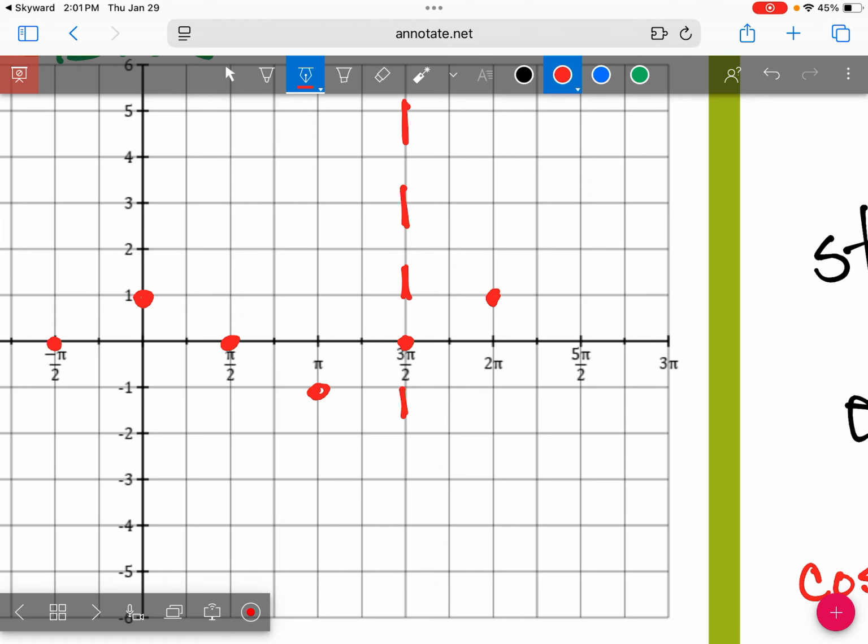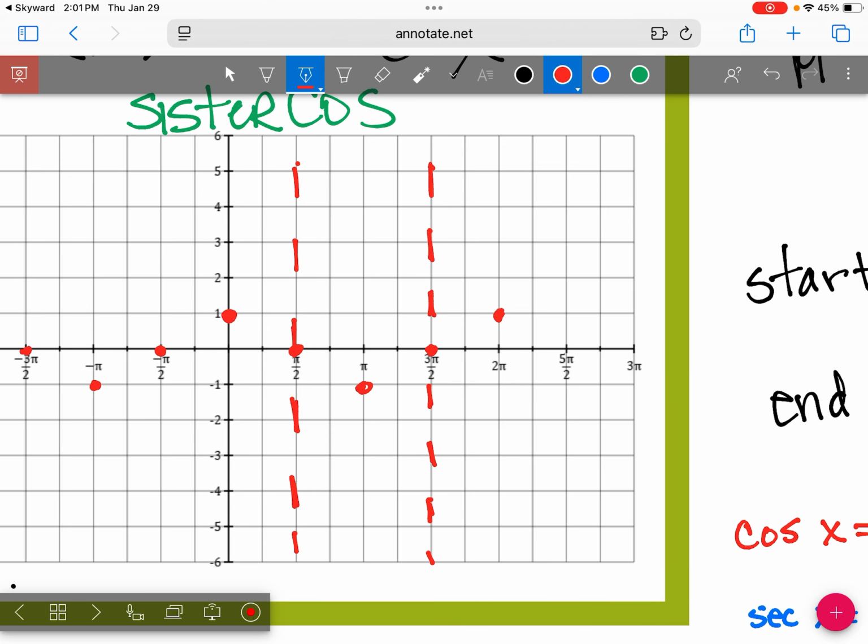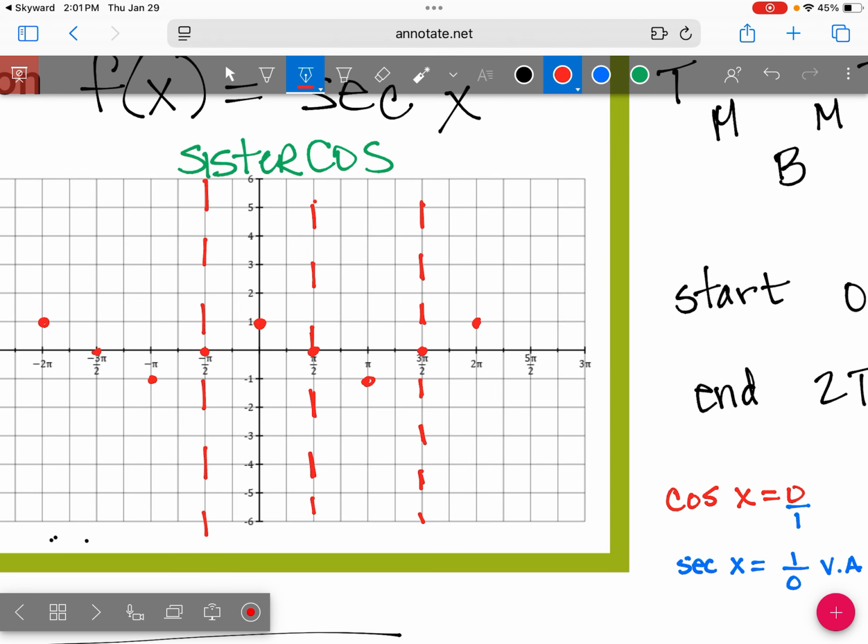Every time we hit 0, draw in the asymptote. It's going to be every 4 hops, which is pi. We should hit a wall, because secant is undefined. Okay, that's enough.